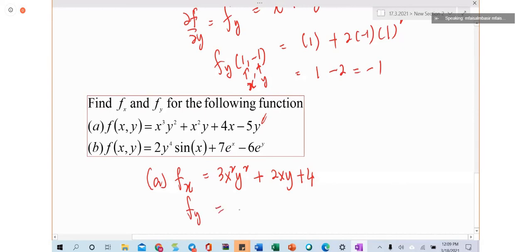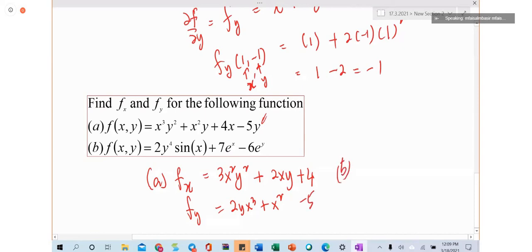Fy for A, differentiating the function with respect to y, will be 2yx cubed plus x cubed plus 4x, and then 0 minus 5. So no need minus plus here.